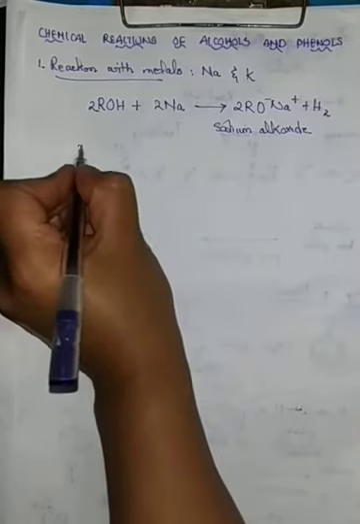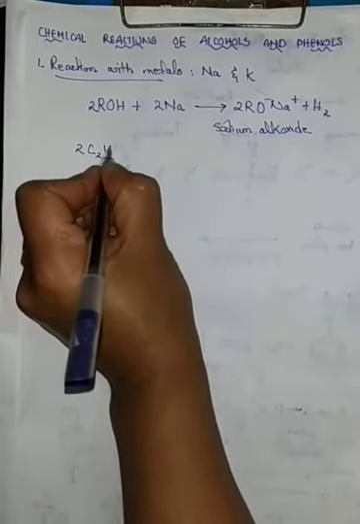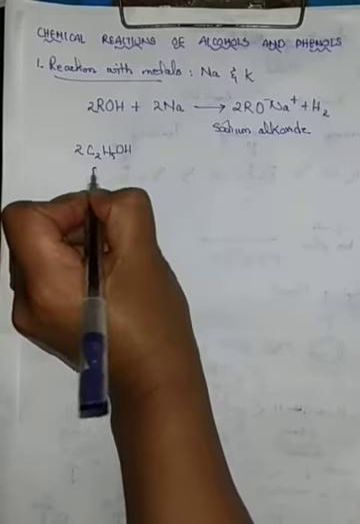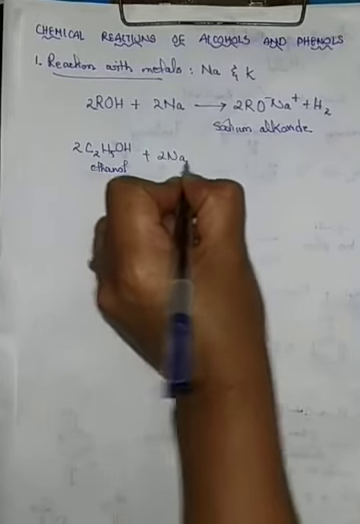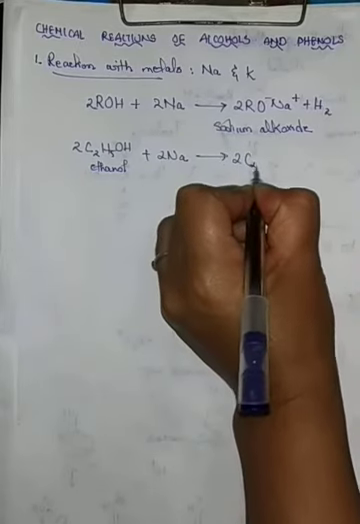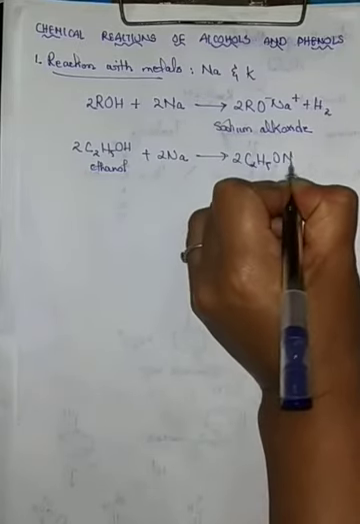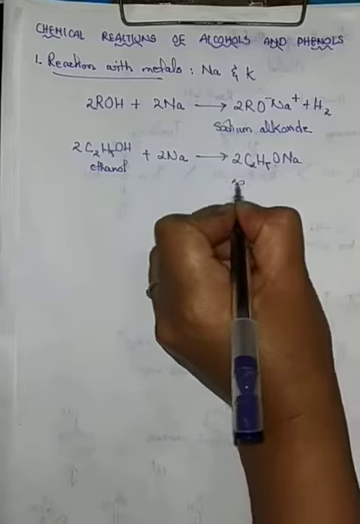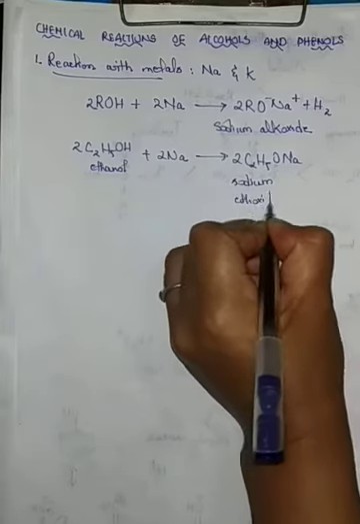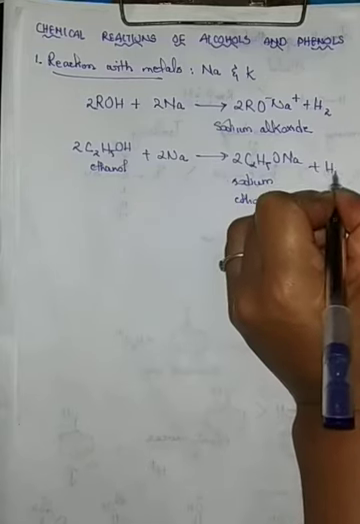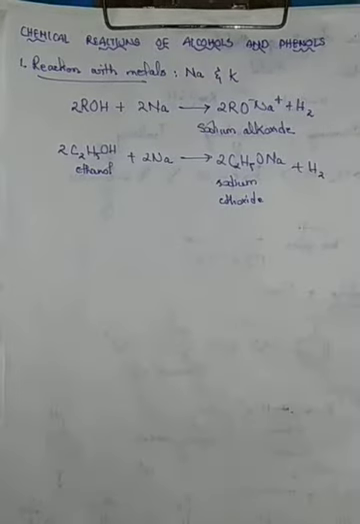For example, if we take 2 moles of C2H5OH, this is our ethanol, and sodium, it will give us sodium ethoxide. And then hydrogen gas will be liberated in the reaction.